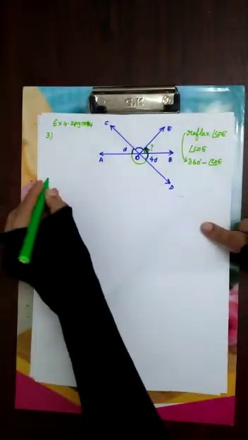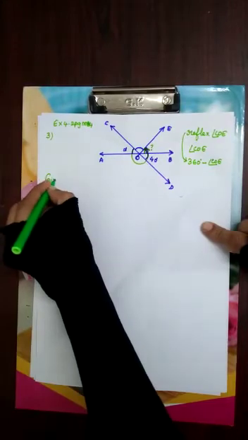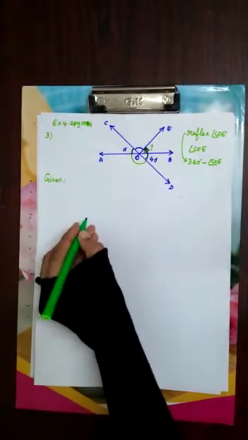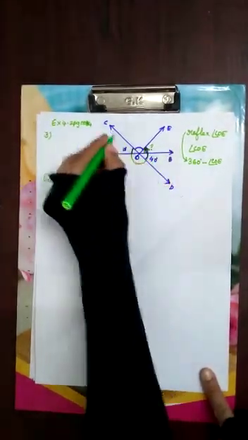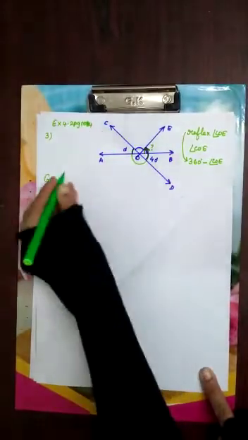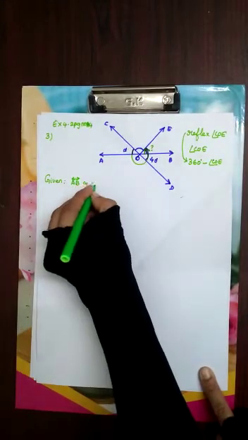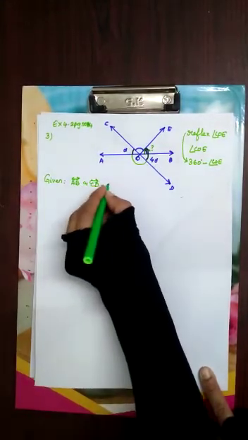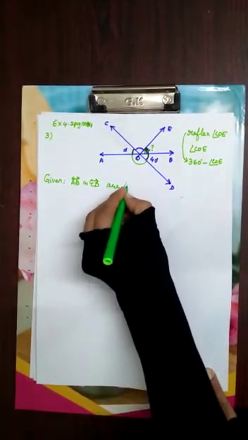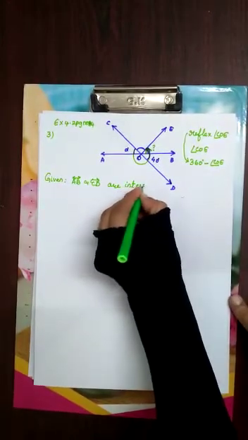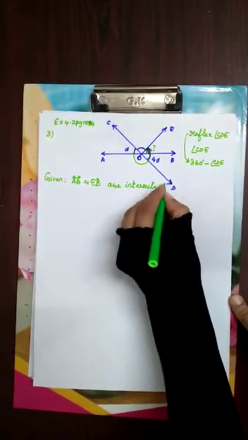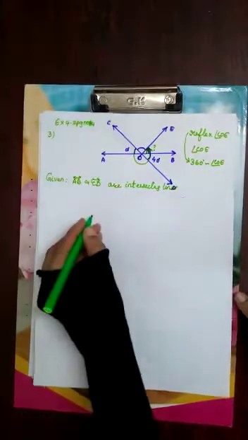So first step is to write what is given to us. What have they given? They said AB and CD are intersecting lines. Let us write that. AB and CD are intersecting lines. Okay, what else is given?